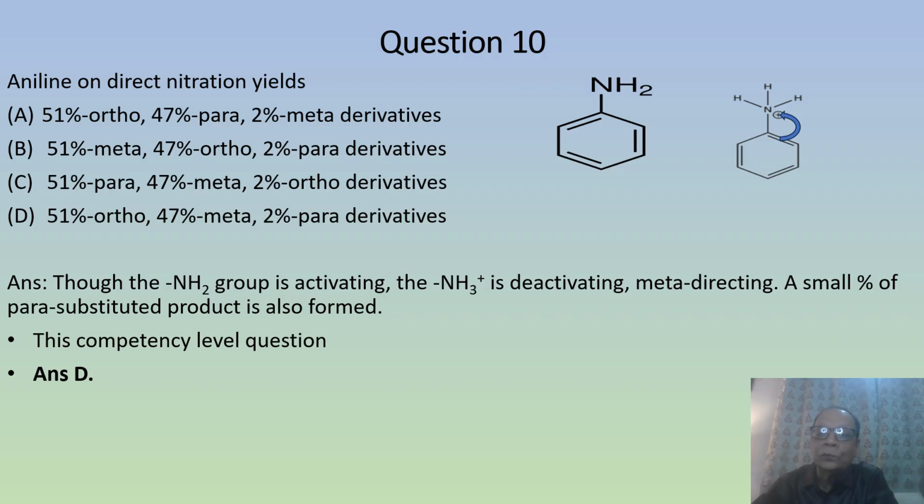And therefore, it strongly directs the incoming group to meta along with ortho and a little bit of para. So the answer is 51% ortho, 47% meta, and 2% para derivatives. So this is the reason behind writing this answer D, and this is a competency level question.